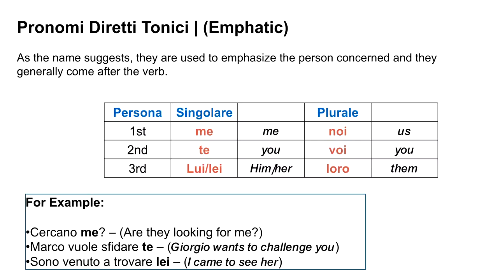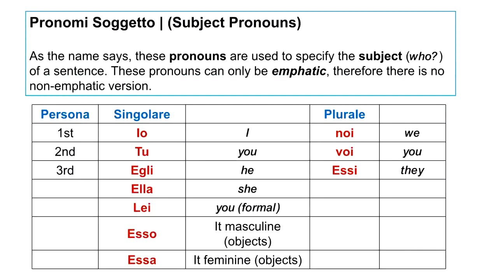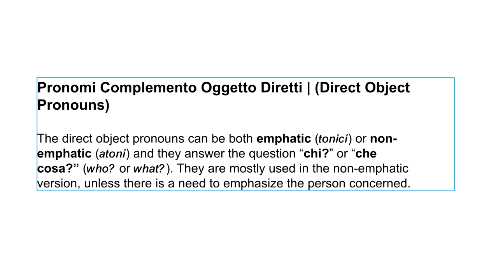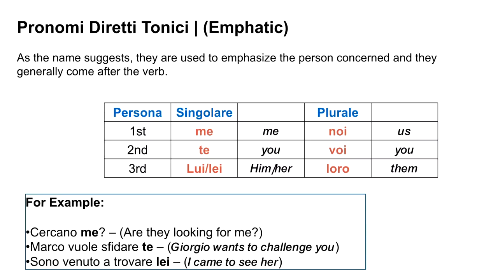Te, which is the emphatic direct pronoun for you. Then there's lui, lei. Now, notice what I said a few seconds ago. You remember when I was explaining here, io, tu, egli, ella? That's why, okay? Because the direct object pronouns, pronomi complemento oggetto, in the third person, masculine and feminine, are lui and lei.